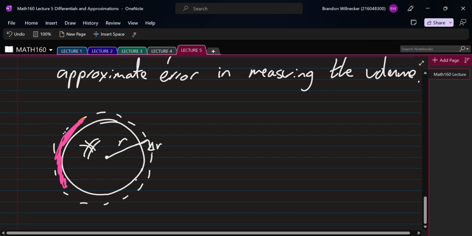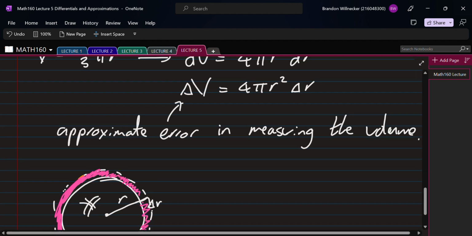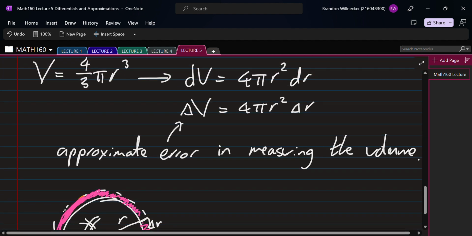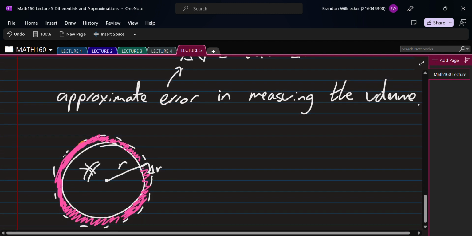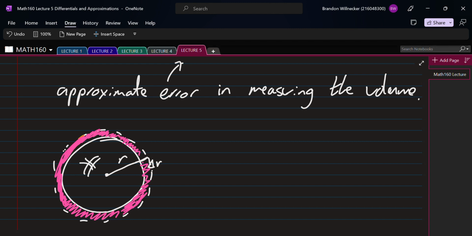So this in-between volume, the volume outside the smaller sphere but inside the larger sphere, that volume is our delta V, or the error in volume. Now this is just an approximation to that exact error. So let's find out what the exact error is and see how it relates to our approximate error.